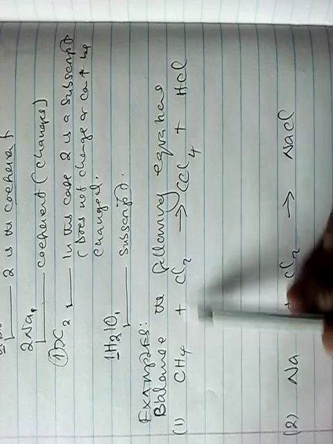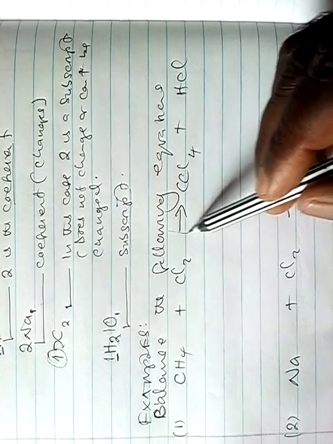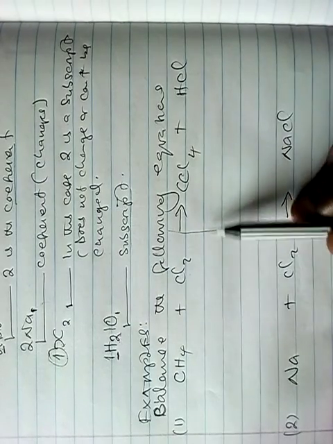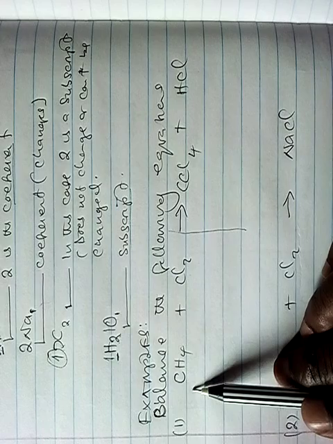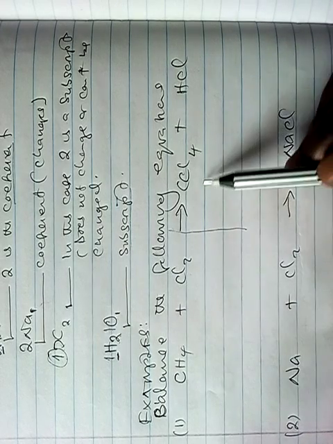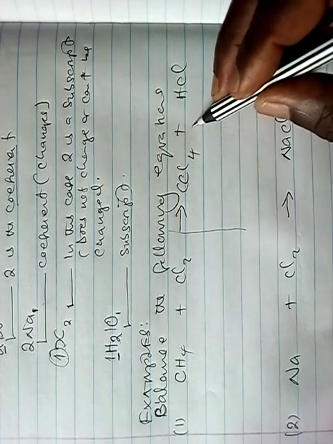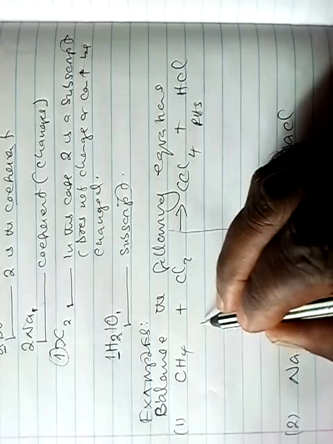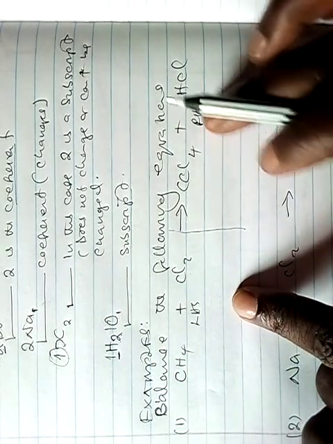You ensure that the atoms that are here are balanced here. The arrow separates the equation into reactants on the left hand side and products on the right hand side. As we are saying, the same type of atom should be the same here and there.